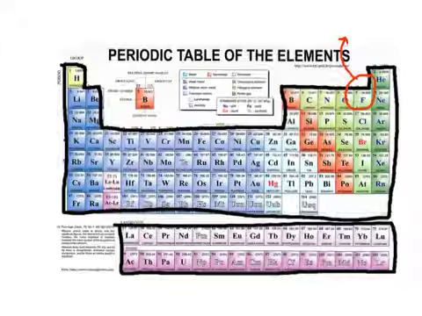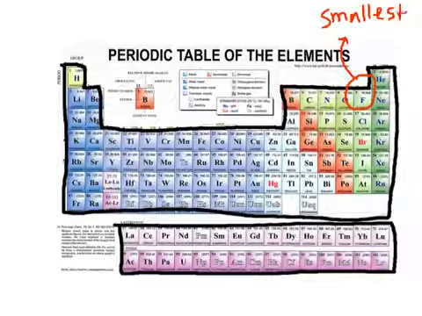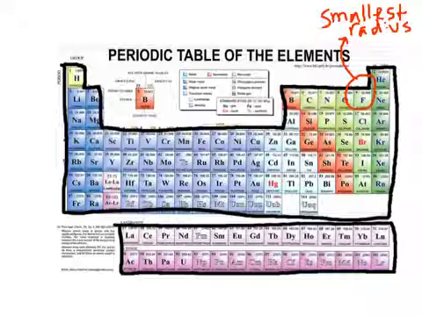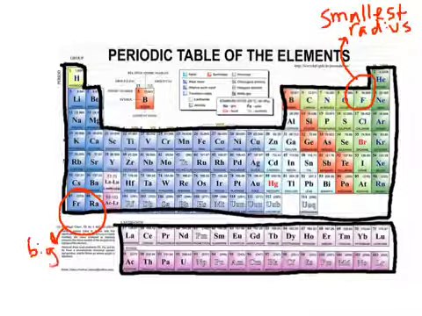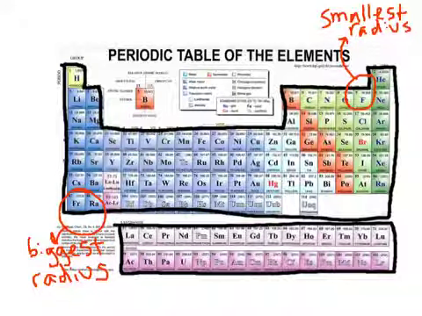But over here in the top right-hand corner of our periodic table, we're going to have the smallest radius, because again, the size decreases as we go across. So the top right-hand side will have the smallest radius. And we said that the size increases as you go down. So down here in the bottom right-hand corner of our periodic table, we are going to have the biggest radius.